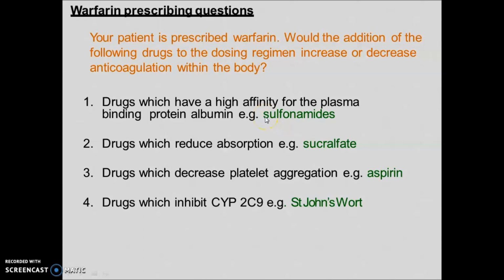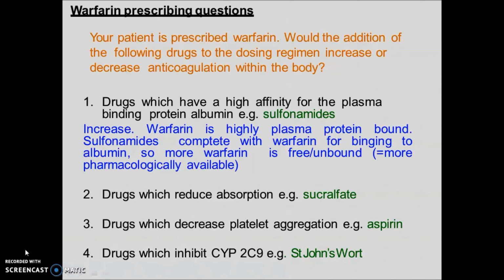What will happen to the anticoagulation? If you are giving drugs which reduce absorption of warfarin, like sucralfate, what will happen? If you are giving drugs like aspirin which decrease platelet aggregation, then what to do? And if you are giving drugs which inhibit cytochrome P2C9, then what to do? So these are four good questions. We'll see each question one by one.